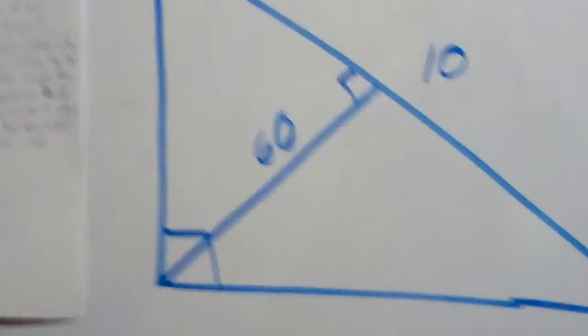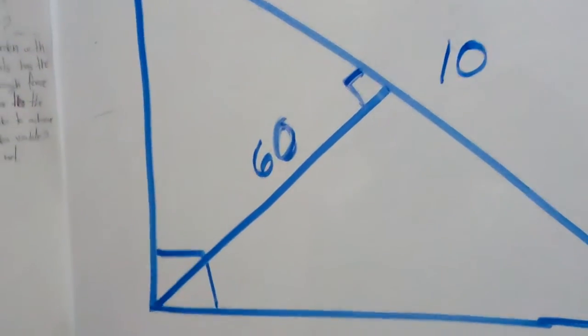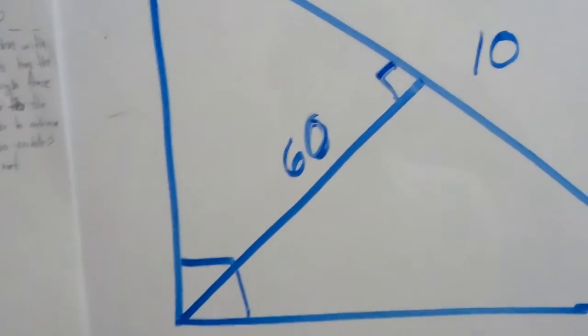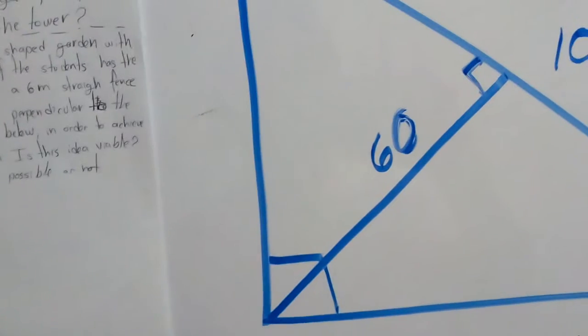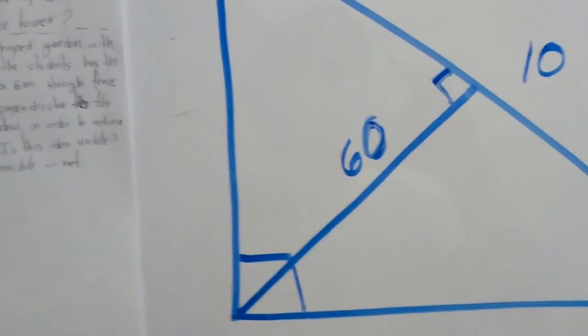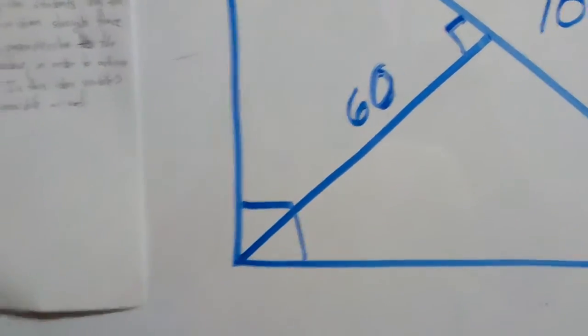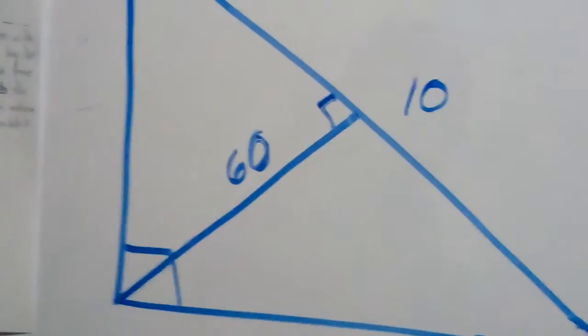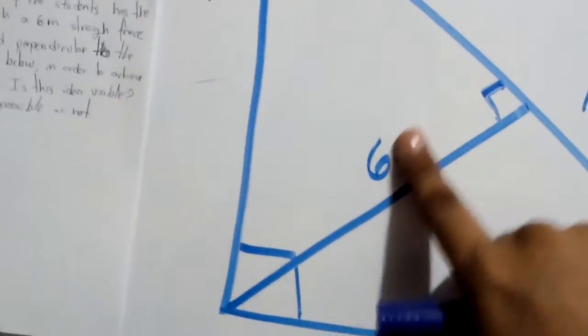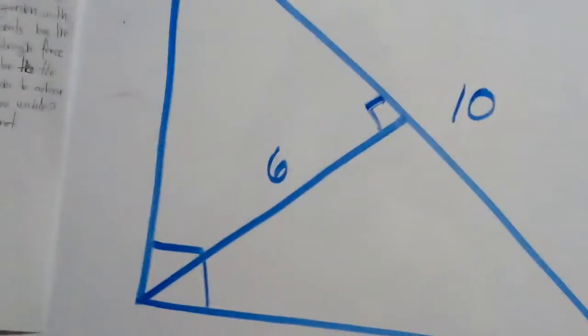You can see that clearly, don't you? It's pretty obvious that a fence of 60 meters wouldn't be achievable, because 60 is way too large.